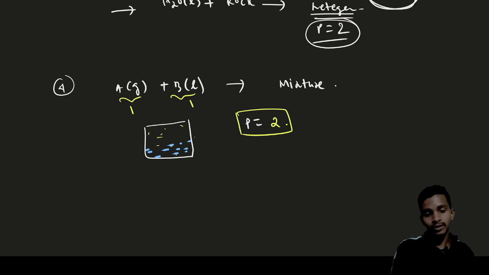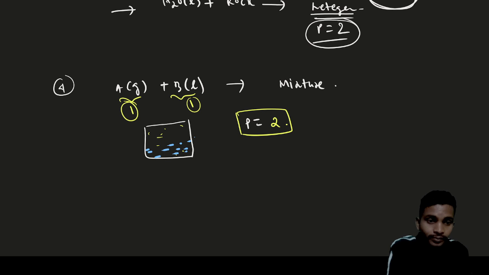In your naked eye you only see the liquid, but he mentioned that gas is also there, so you take gas as one phase and liquid as another phase, so total phases is 2.